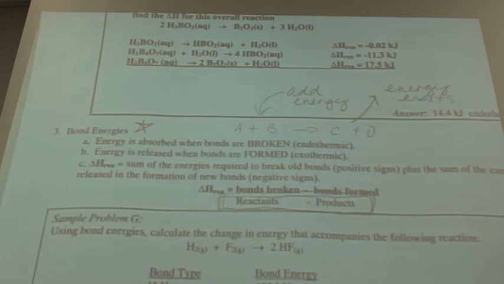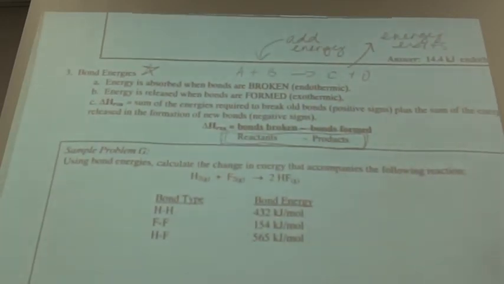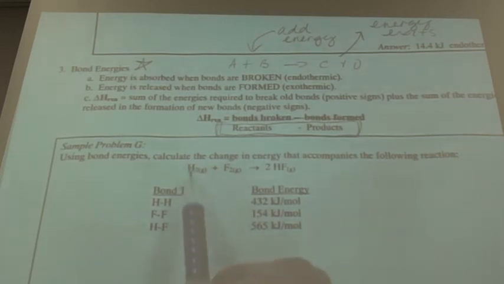Where do you get the bond energies from? The table. And you have to actually draw the bonds between all of the reactants and products so you can figure out what's going on. So my balanced equation is H2 plus F2 yields 2HF.